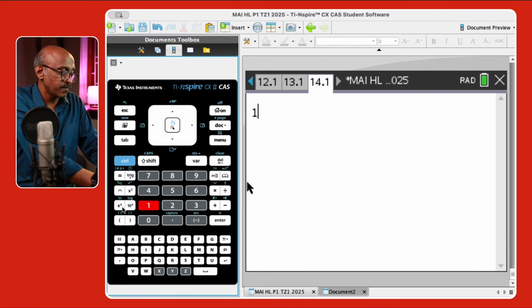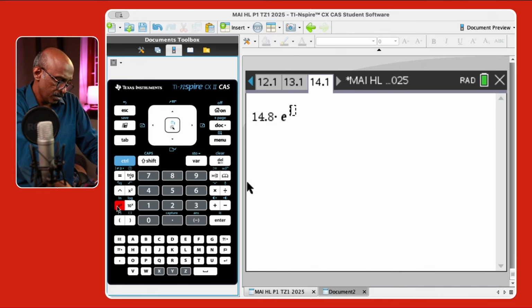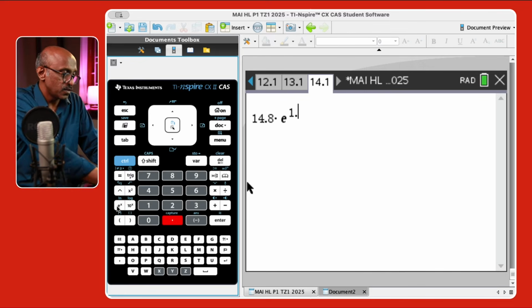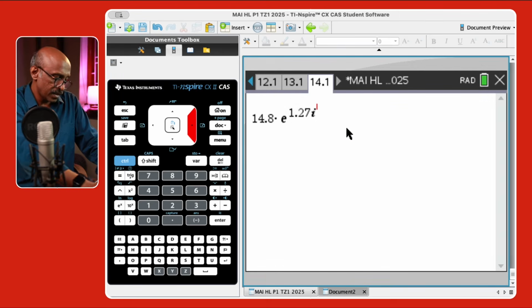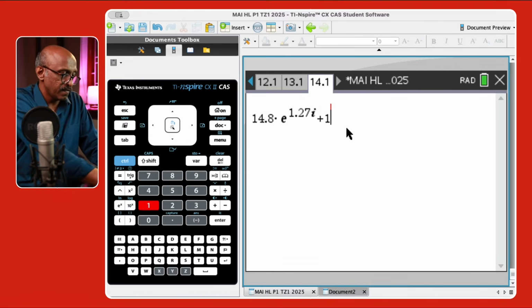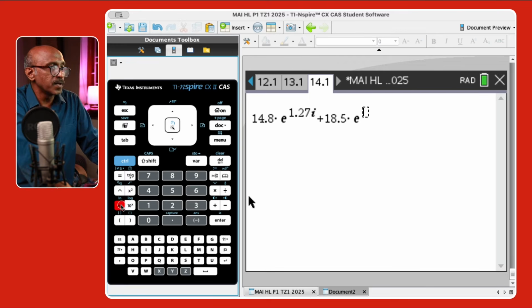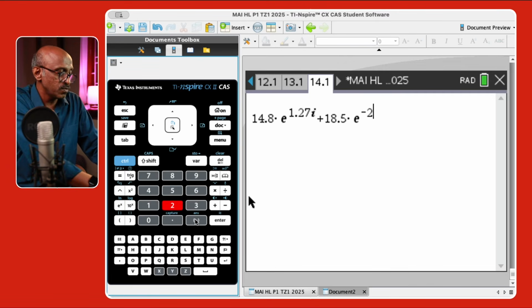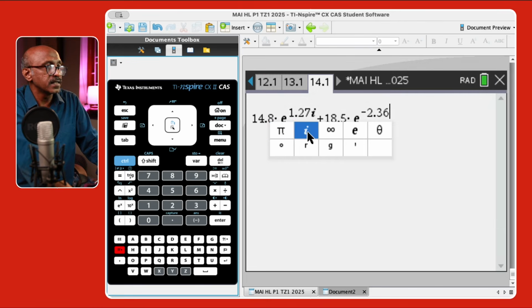So let's just get that, 14.8 times e to the power of 1.27. Let's not forget the i is along with this pi and all those guys here. And then let's come out of that, plus 18.5 times again e to the power of, with a negative sign, 2.36, and then we need that i again. All right, there you go.